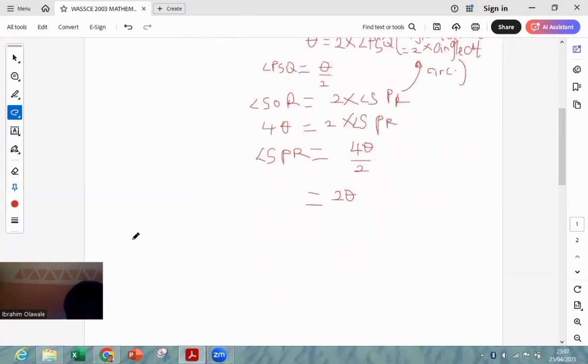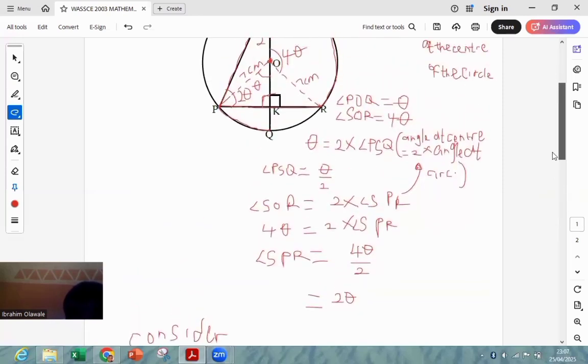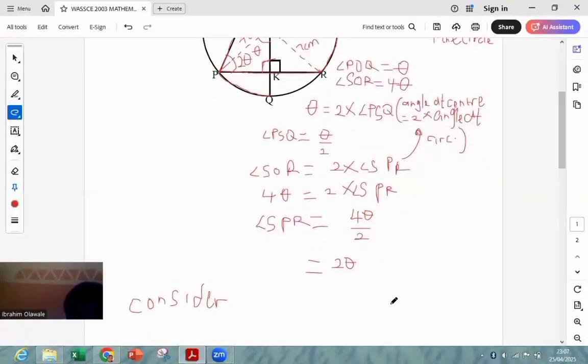So consider this diagram here. We should consider right angle PSK.